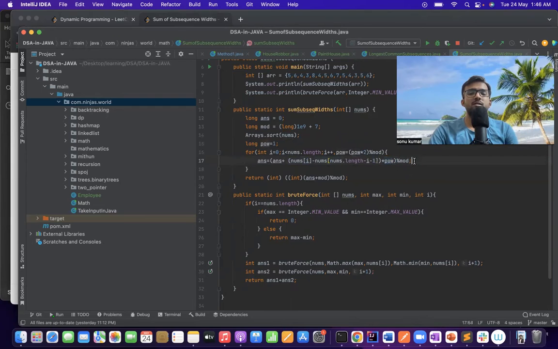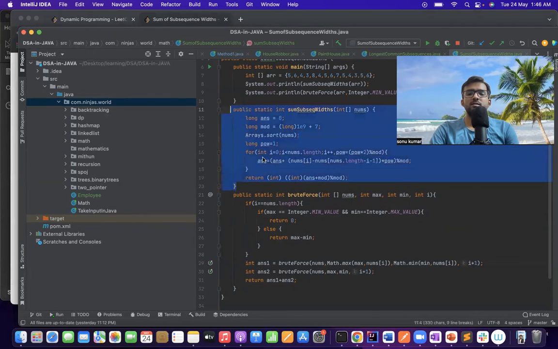I'm taking the mod, and I'm returning the updated answer calculated from this loop. I have taken the internal typecasting because the answer plus mod would overflow again, so you need to cast into an integer and then take the mod, and finally take the mod. Just return the calculated answer here.